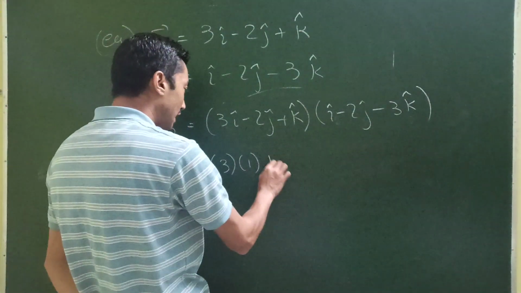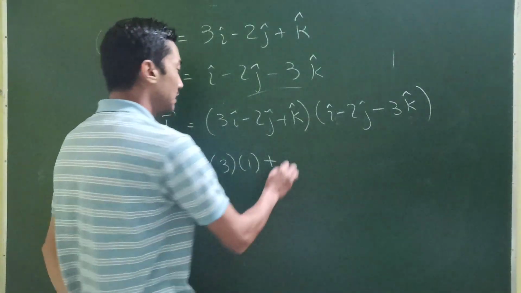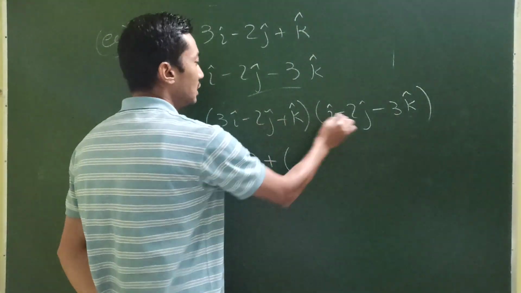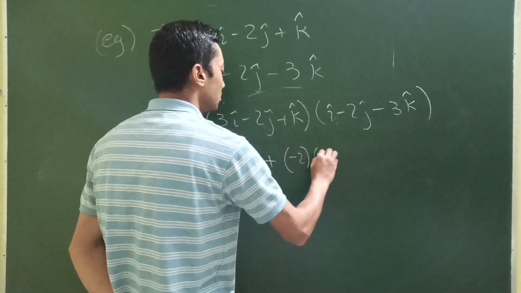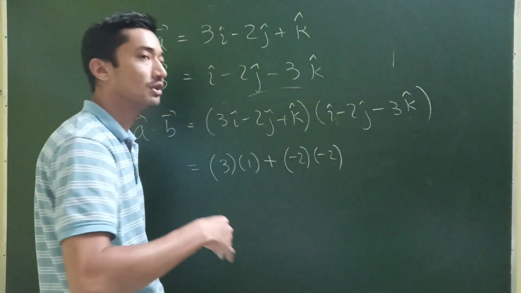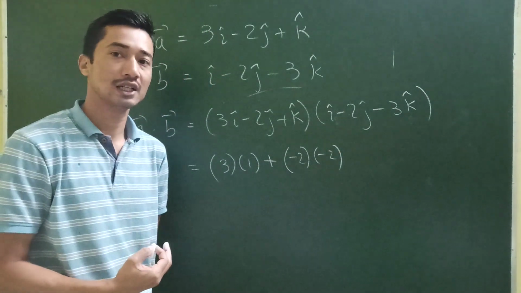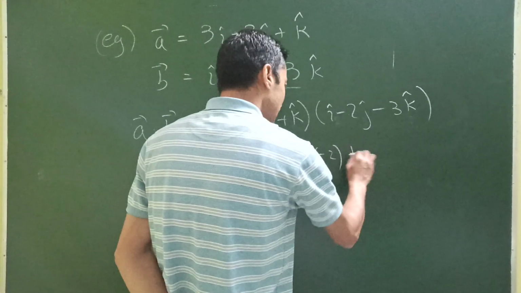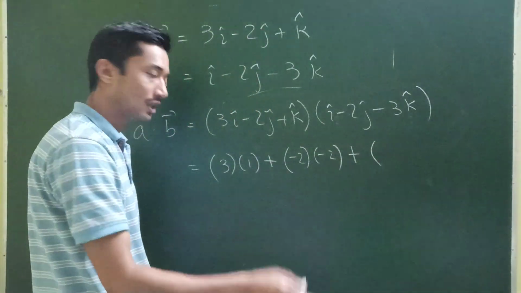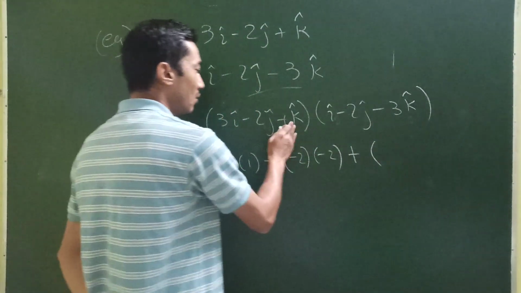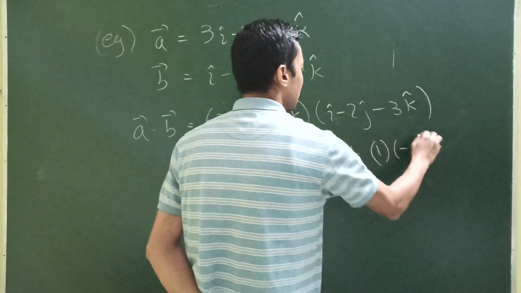Alright? Plus, I prefer to write plus, bracket 2 into 2, minus 2 into minus 2. As I said, I'm trying to reduce my mistakes. Plus, again, whatever the values, you just go for plus, writing plus 1 into minus 3.